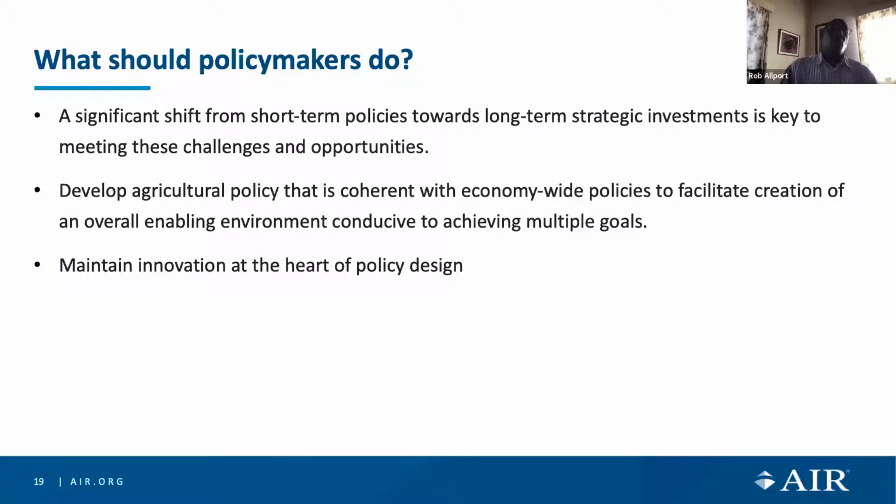Then what we do, or the government should do, is to shift from short-term policies of buying whenever a drought occurs towards long-term strategy investment that is key to meeting these challenges and opportunities that are there.